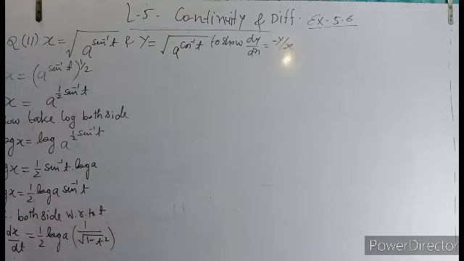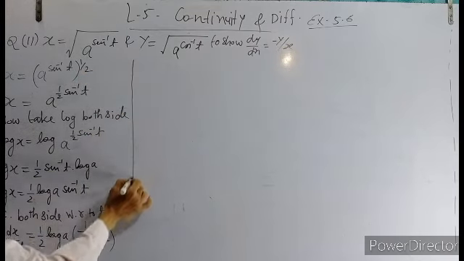So dx upon dt equals x log a upon 2 under root 1 minus t square. This is equation number 1.